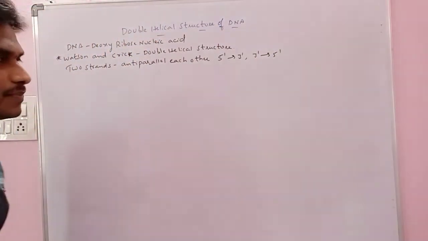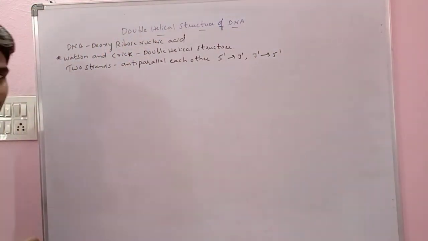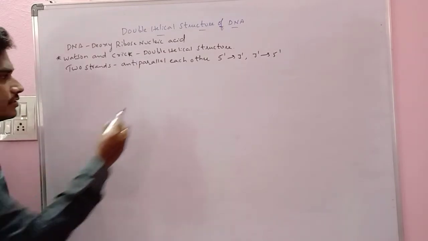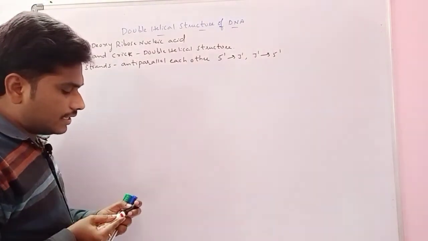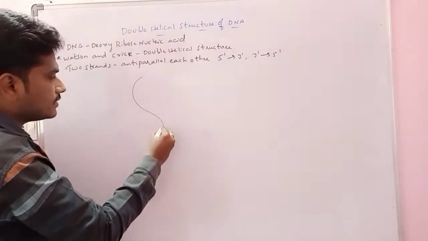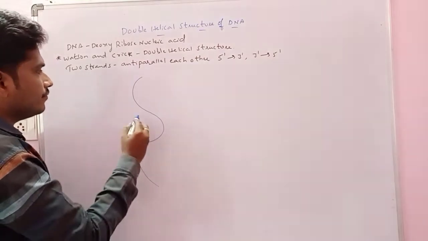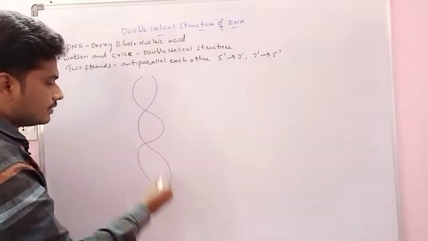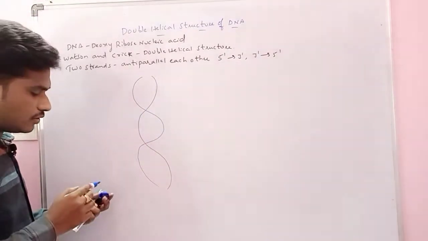In these strands, according to Chargaff's rule, we have purines and pyrimidines. First we will see the double helical structure, then you can get an idea. One strand we take like this, and the other strand like this. This is the double helical structure of DNA.